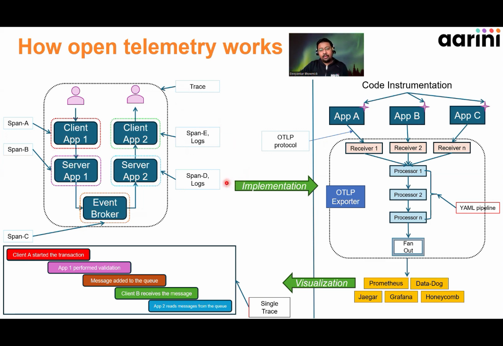All this information can be visualized in a hierarchical manner, automatically, which is taken care of by the dashboard or the visualization tool. The way it happens in practice is that all these apps that you have defined here have to be code instrumented using the OpenTelemetry SDK.